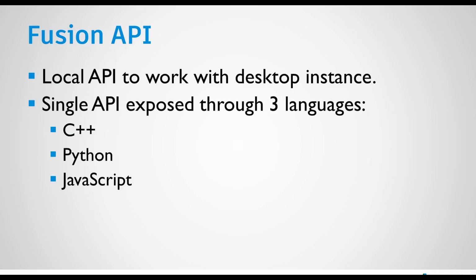So these C++ functions are created and implemented, and then also that process that reads that definition language that created those C++ stubs also created a Python and JavaScript wrapper over those C++ functions. So it is really a single API with these three bindings to these different languages.